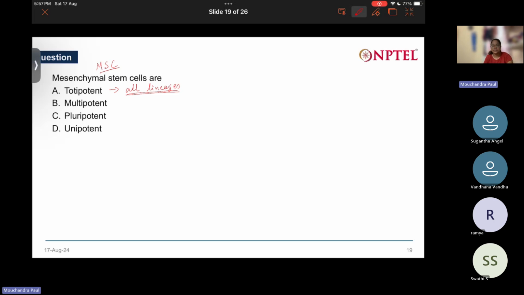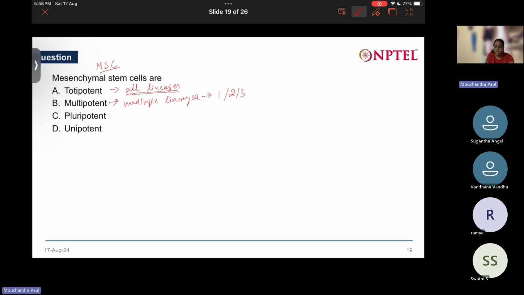Only for a few lineages it is described, but theoretically it is possible with embryonic stem cells. Multipotent means multiple lineages. It can differentiate along multiple lineages. So multiple usually refers to one or two or three lineages, not more than that.